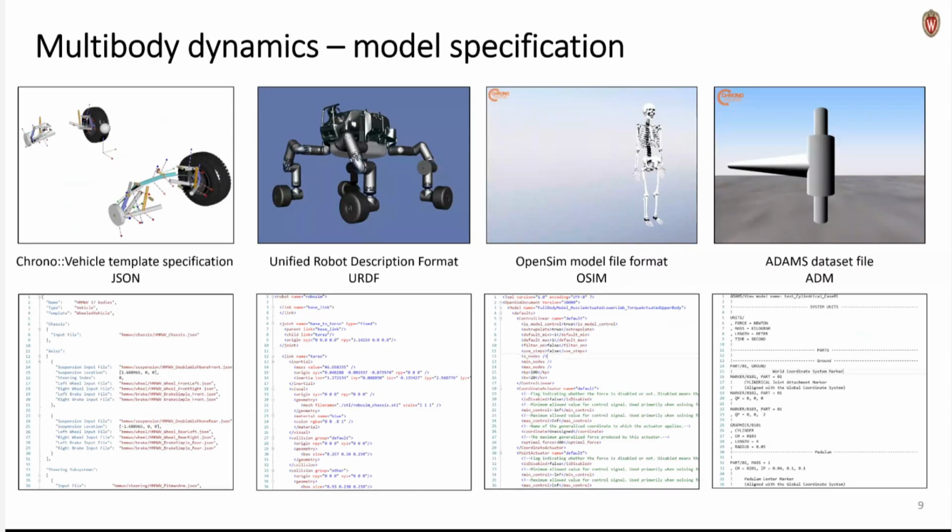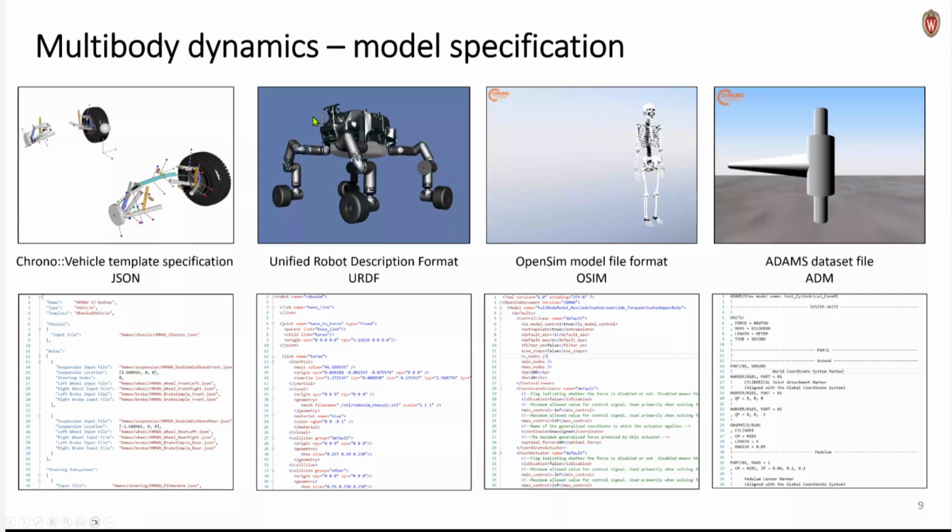Because not everybody wants to write code, we provide a bunch of importers from different third-party descriptions and specifications. For example, this is the URDF description of this RoboSimian JPL robot that you just use the parser on, this file, and it creates this model.